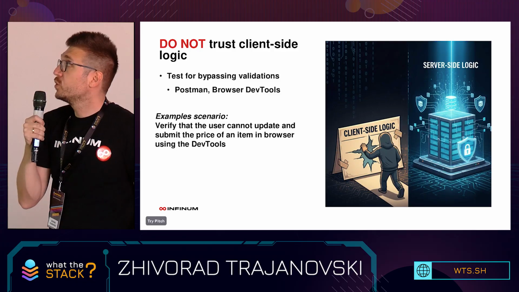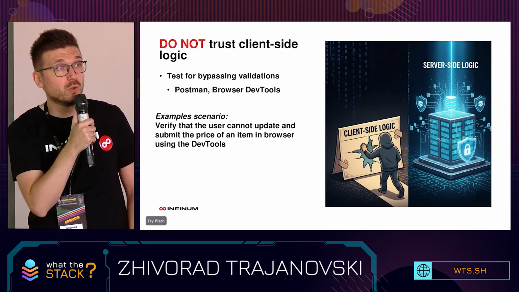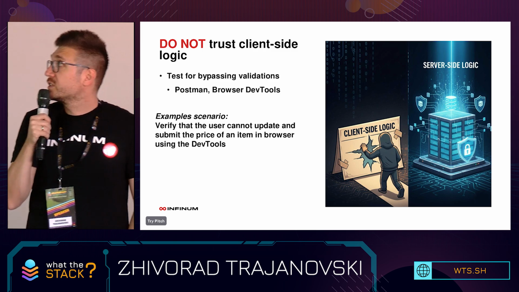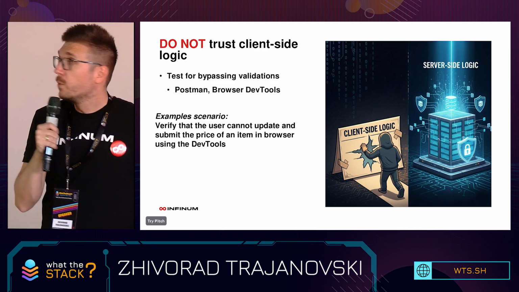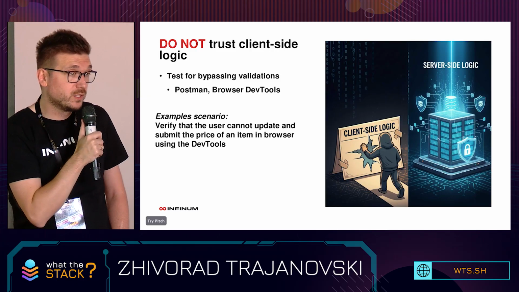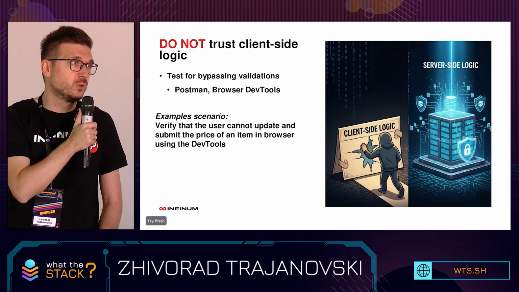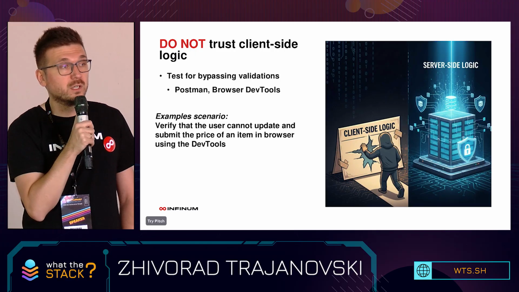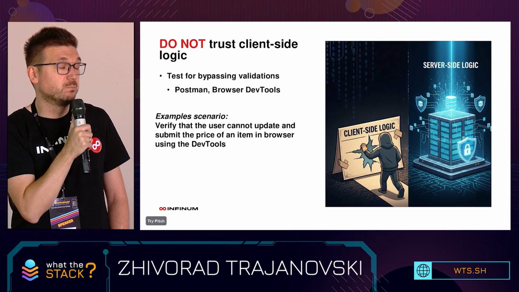This one is especially a favorite of most of the audience out there: do not trust client logic, meaning that you can bypass the validation with tools like Postman or even the DevTools inside some browser, and this can be very, very harmful.